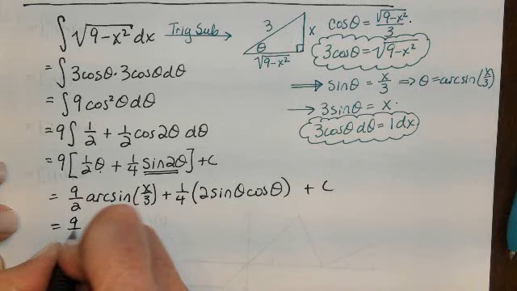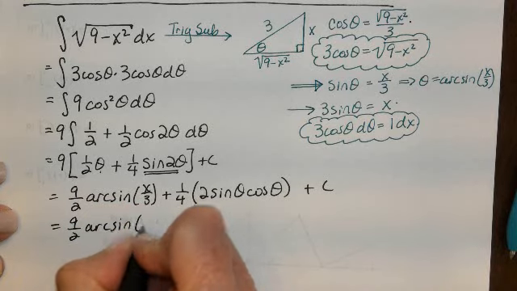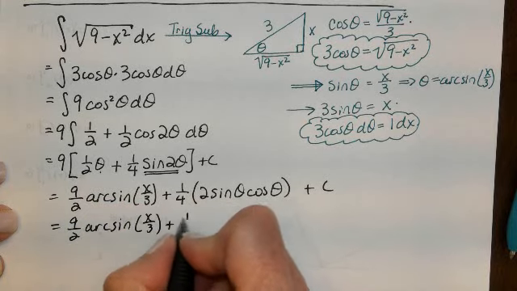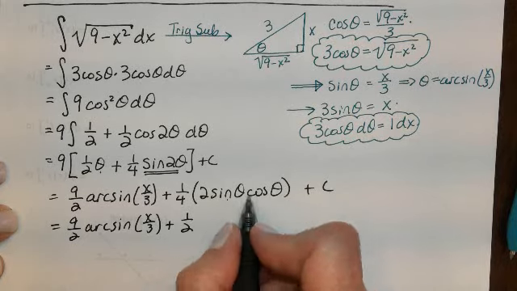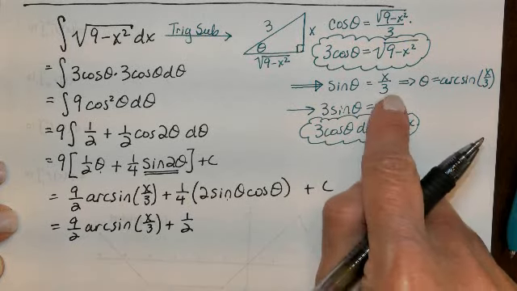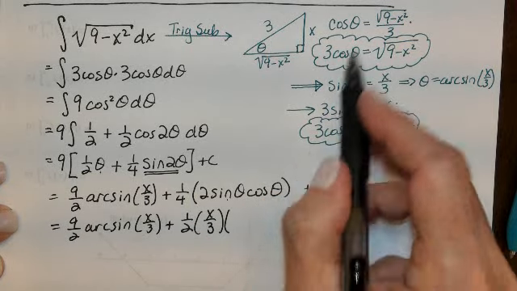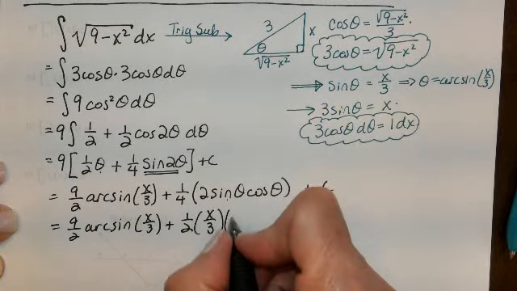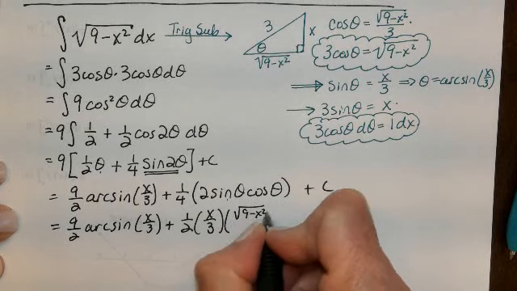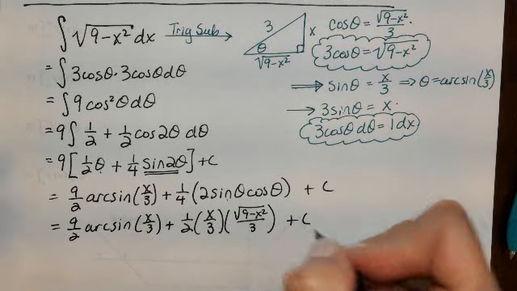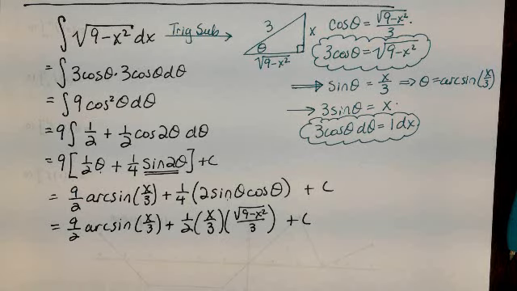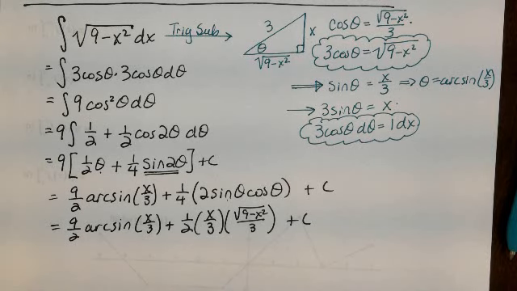So we're going to have 9/2 arc sine of x over 3 plus 1/2, right? Sine of theta. Sine of theta is x over 3. Cosine theta, and cosine theta is this expression, square root 9 minus x squared over 3, plus c. And that would be a safe stop spot. Otherwise, we would just multiply these together.